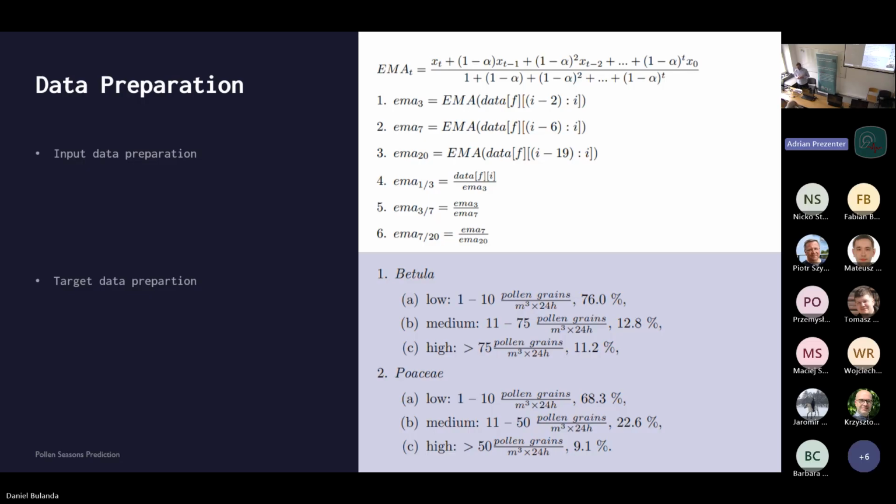For that purpose, we used exponential moving average, which is a very good way to move from unstructured time series data to structured data, with features that precisely describe it. We used exponential moving average for different windows, like 3, 7, 20 days, and some relations between them are also modeled. The target variable was converted to categorical space because we wanted to provide a classifier.